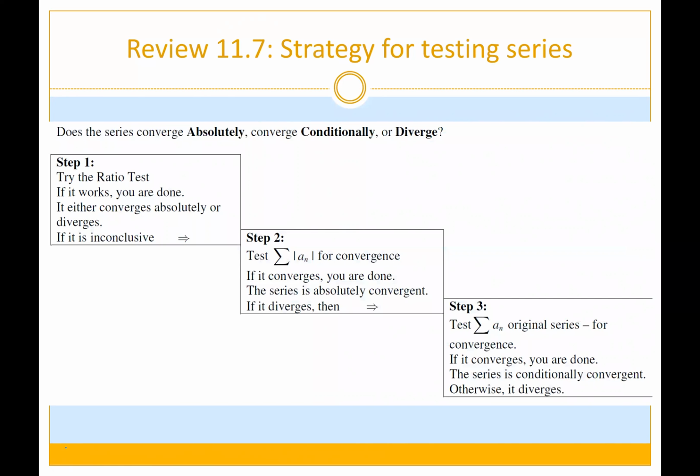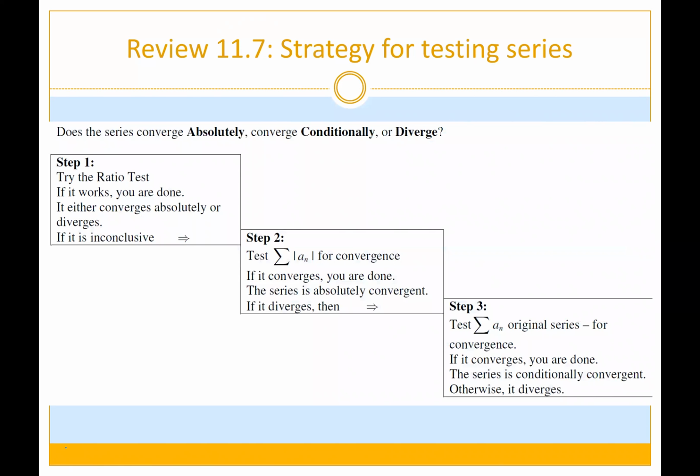I don't know if she still keeps it, because she doesn't tell me if she changed your slides, so I didn't really look at it again. But these are also the steps if you are asking whether the series is absolutely convergent, conditionally convergent, or divergent. So the first one is to try the ratio test or root test. If it doesn't work, then go to step 2.